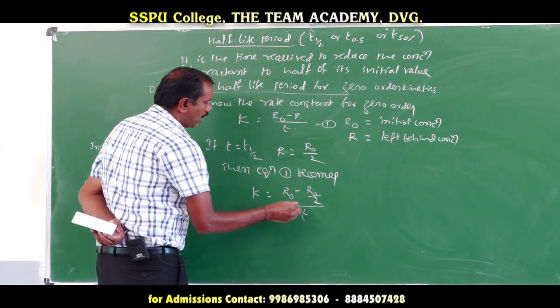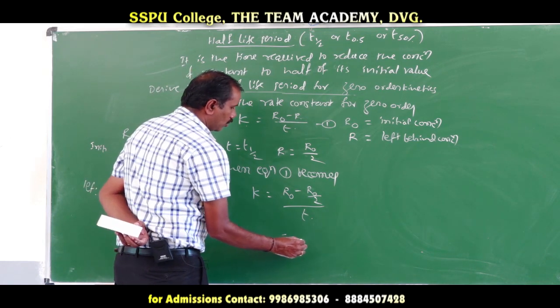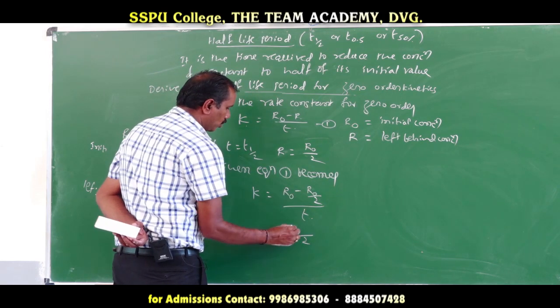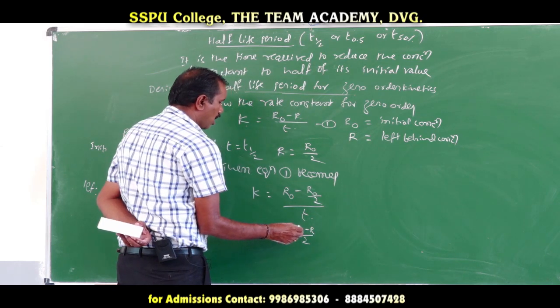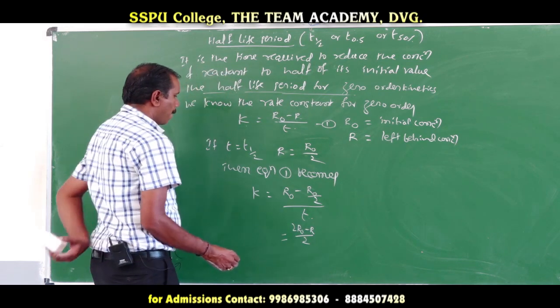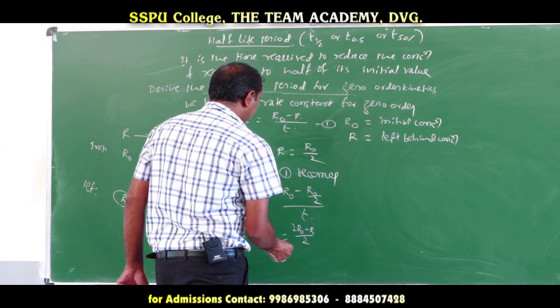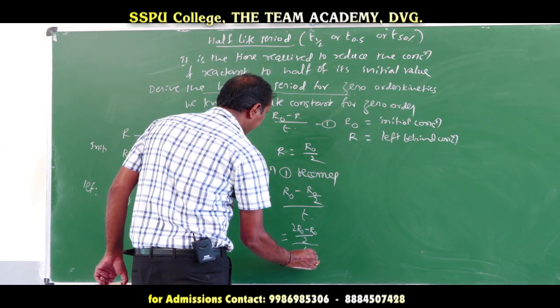If you take 2 common, it becomes 2 R naught minus R naught by 2, divided by t.